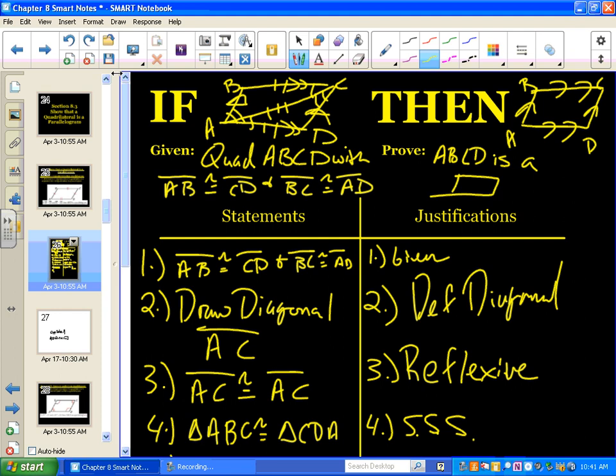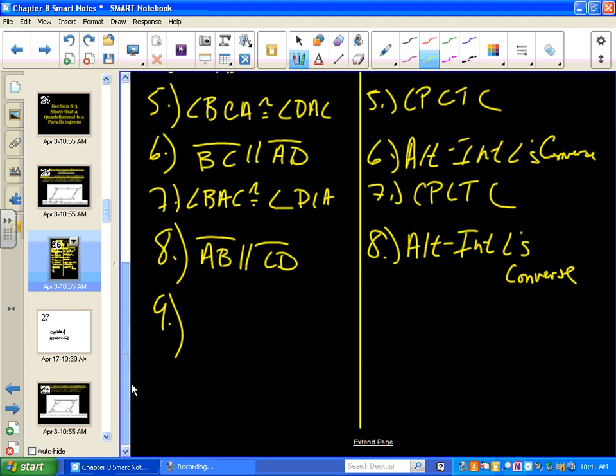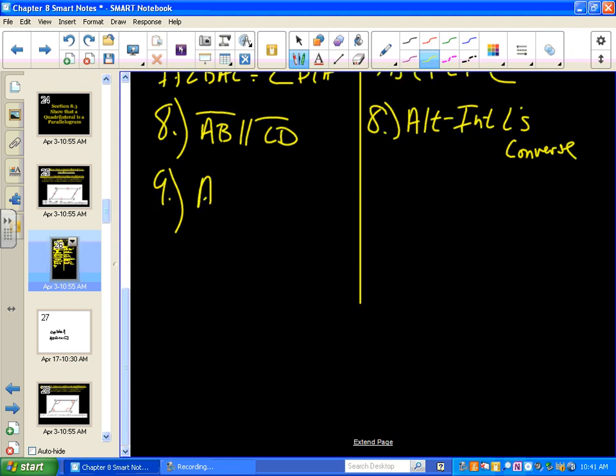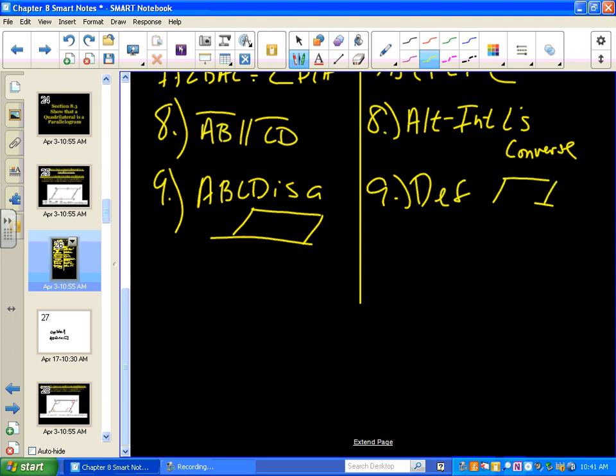So what can we say now, Christina? ABCD is a parallelogram. Justification, Colleen. Very good, definition of a parallelogram. There you go. Questions on that?